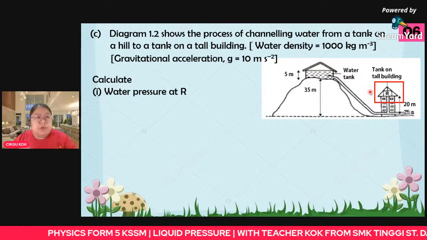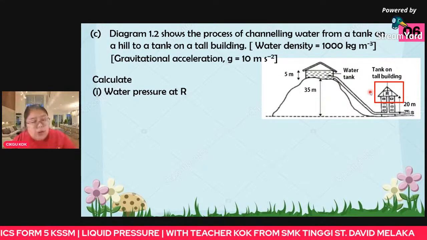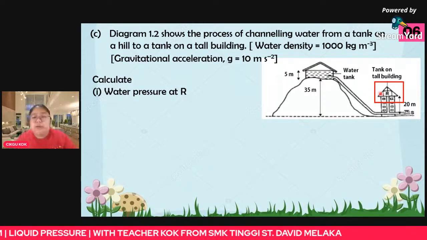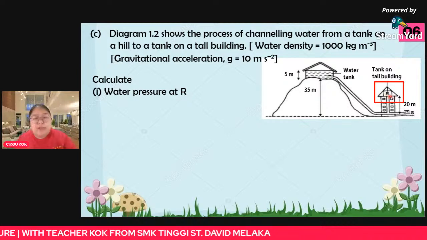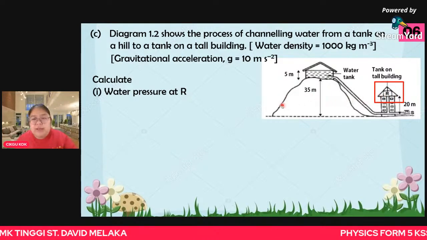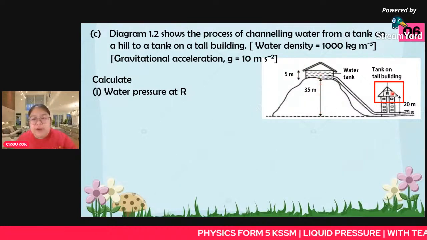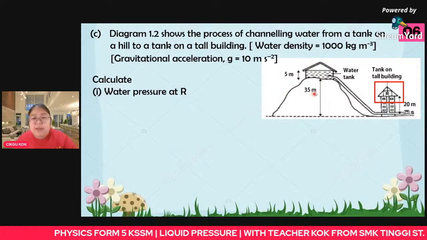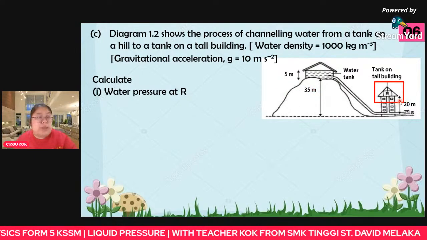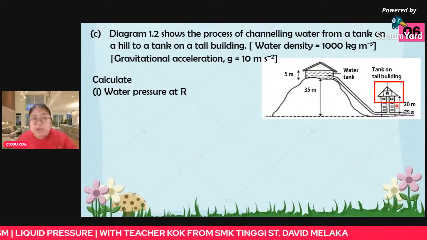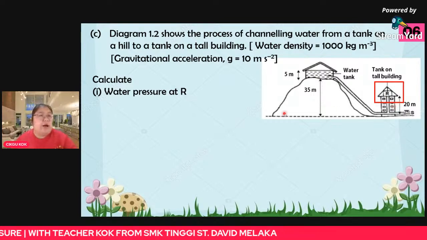h is from the top to the bottom, not from the bottom going up. So from here, this is the base of R. You need to find the line, one straight line here. Above, it is already 5, but this one is 35, and I want to cut. Cut how many? 35 must minus 20, is it? Because the bottom one I don't want. So from here, can you count for me?